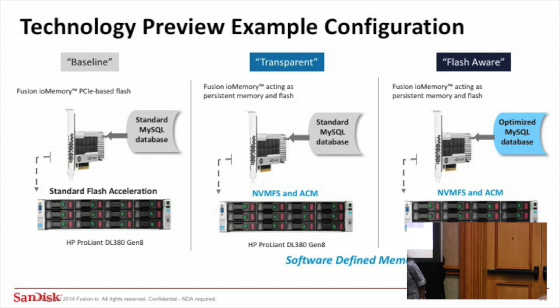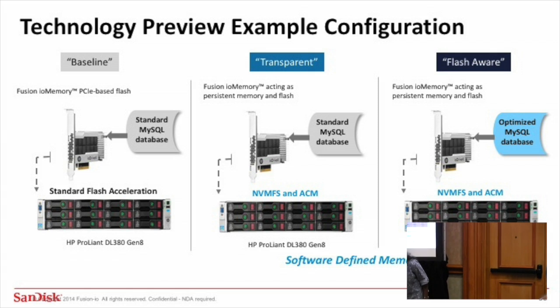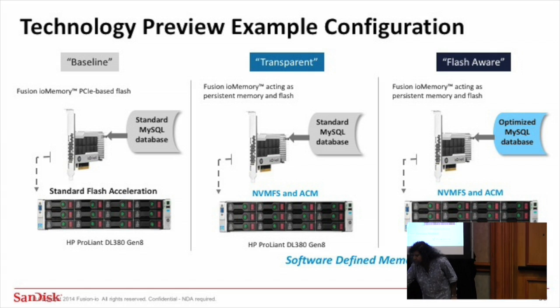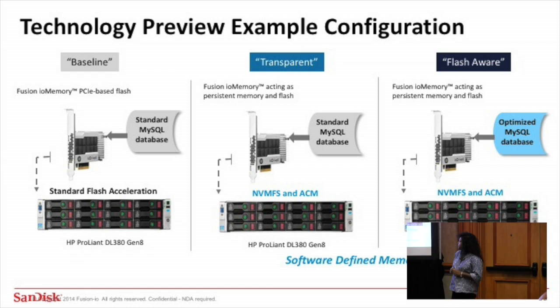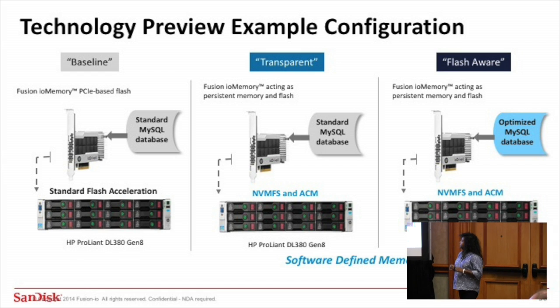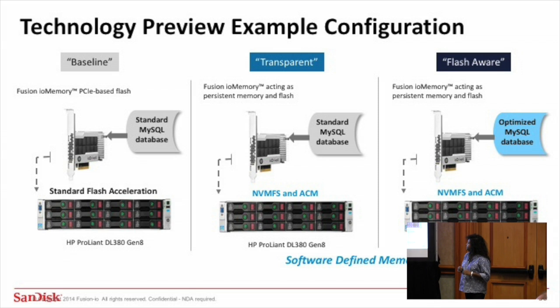So what we demo here is essentially, like I said, 3 systems. Same hardware, 3 different software models. First is database running entirely in Flash. Second one is database running on the file system. No changes, the file system making decisions about how to use the technologies.